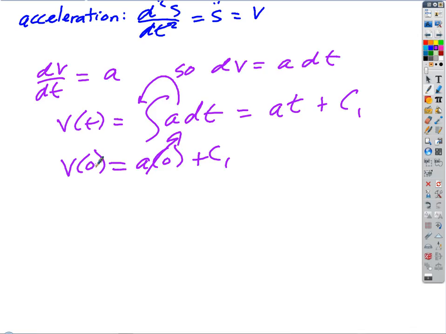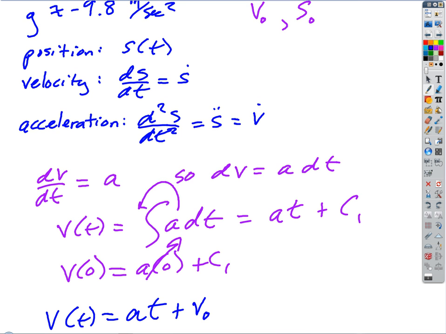And so that brings us to the first layer. This is a kinematic equation too, isn't it? So we end up with velocity equals acceleration times time plus v naught. Okay, you might remember that one. That's how you get it. We could go another layer though. We know that velocity is ds dt, right?